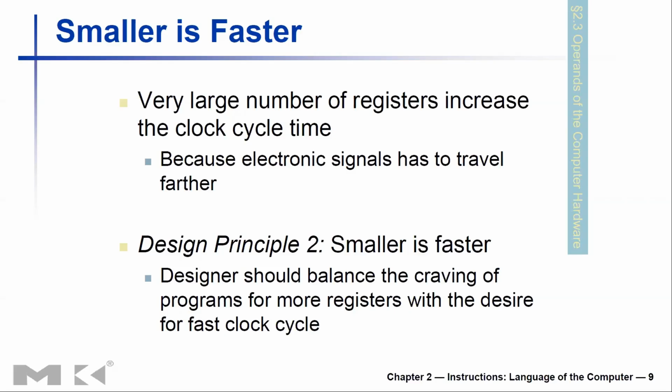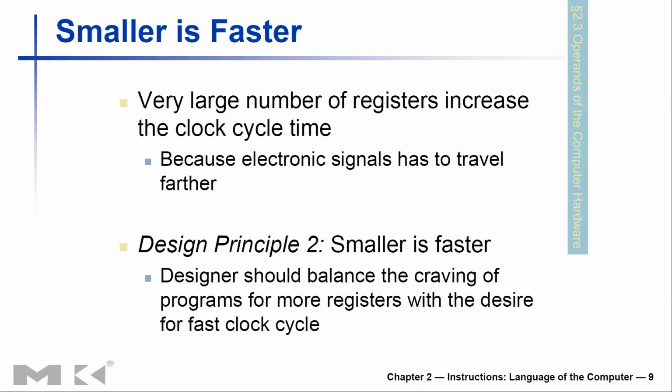So if you want to have a faster implementation, or a processor that is faster, you need to make your circuit as small as possible. But for programmers, it is necessary to have as many registers as possible. Now there's a trade-off between the number of registers required and the number that can be supported by the processor.